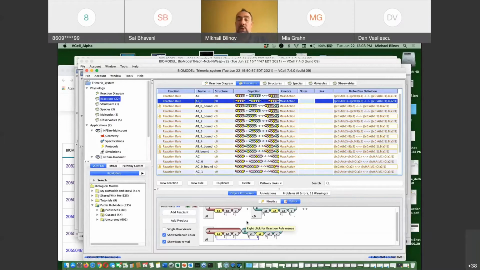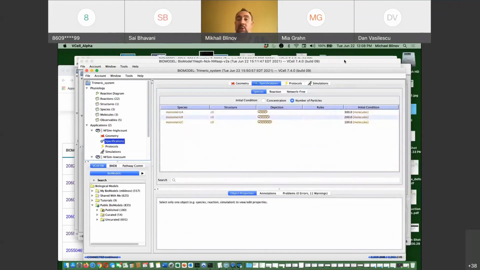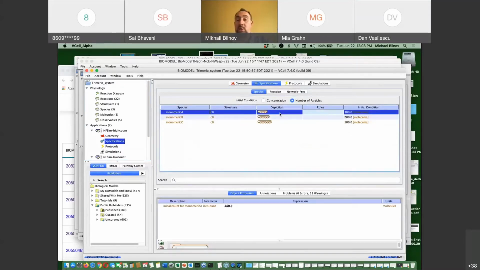Stochastically, you start with a certain initial number of particles, or concentrations. So this is 300 of trivalent, 200 of tetravalent, and 100 of pentavalent molecules.